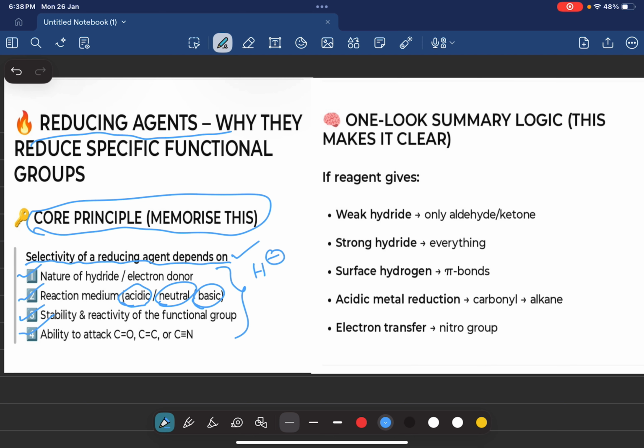In some cases even the nature of the functional group matters, which means the stability and reactivity of the functional group. And in some cases even resonance and the nature of the bond matter. So that is why different principles are used for different reducing agents.